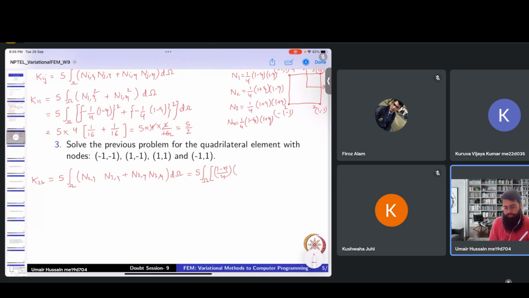And n3 with respect to xi is 1 plus eta by 4.